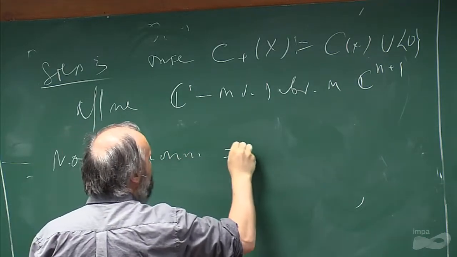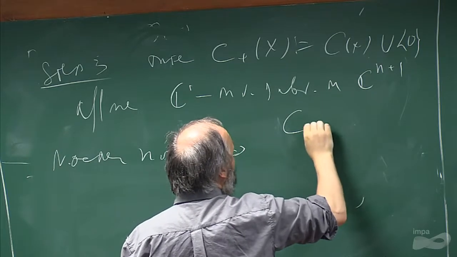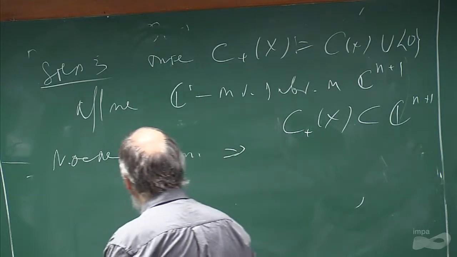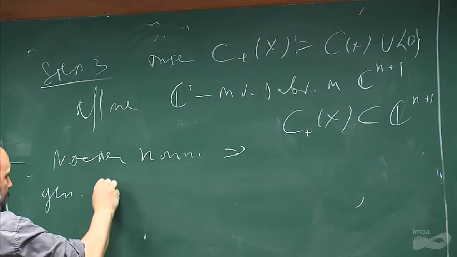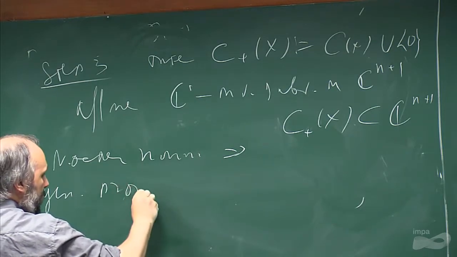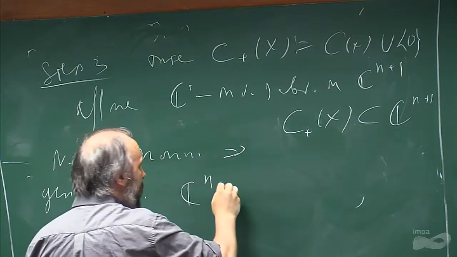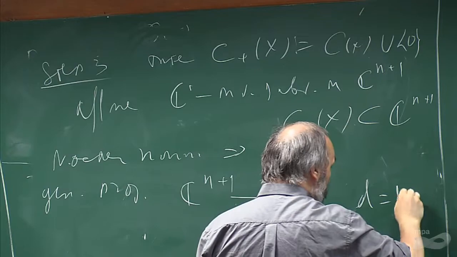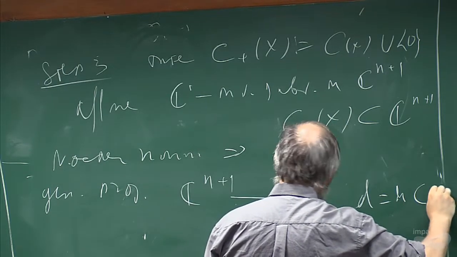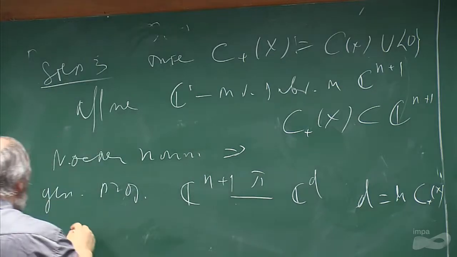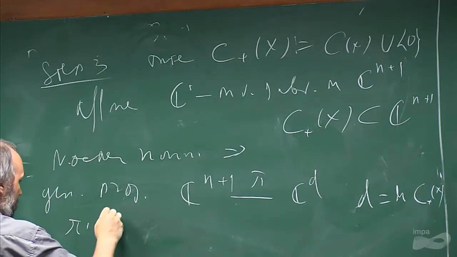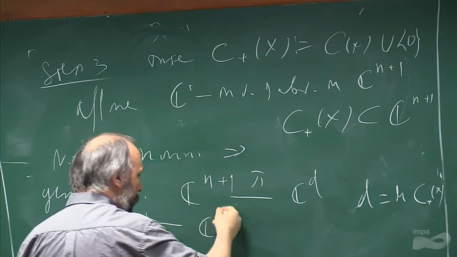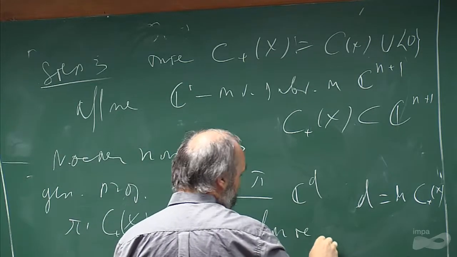Normalization implies, we assume that C plus of x belongs to C n plus 1, that for a general projection pi from C n plus 1 to C d, where d is the dimension of C plus of x, pi from C plus of x to C d is finite and dominant.